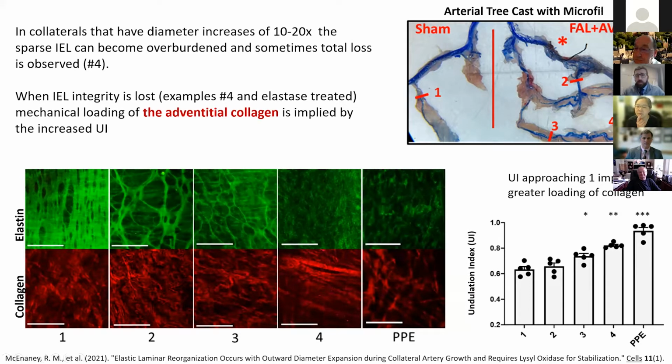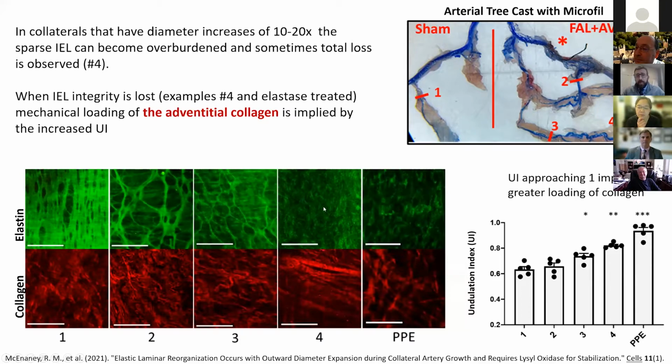Number 4 here, these numbers correspond to this casting of the arterial tree. And number 4 over here corresponds to these images here, where we see that the internal elastic lamina appears to have been lost entirely. What's notable then is the morphology of the collagen in the adventitia becomes straightened. And this is suggestive of mechanical loading of the adventitial collagens in this situation.